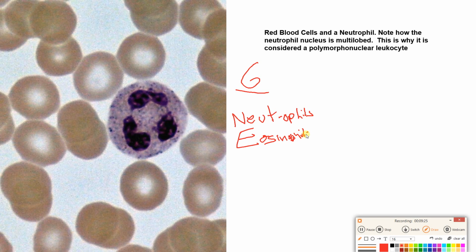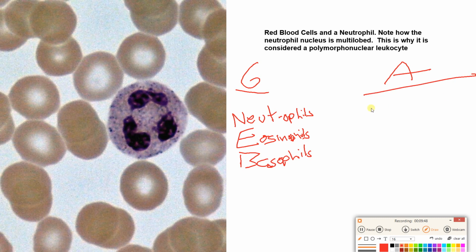I'm not the fastest writer on this computer here. And then there's basophils. Those are my three granulocytes. So those are white blood cells. They've got a nucleus, and they have little granules in them. You may or may not always be able to see the granules easily. Just because they have them doesn't mean you're going to always see them.